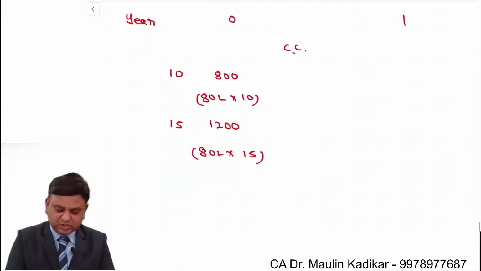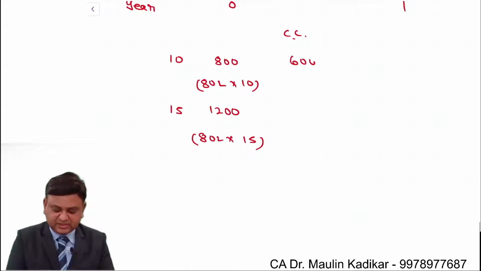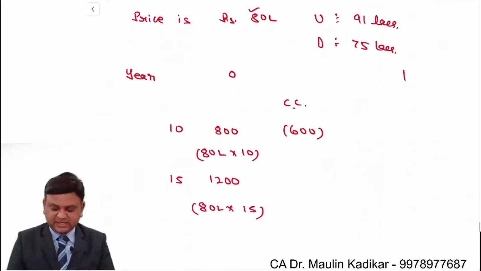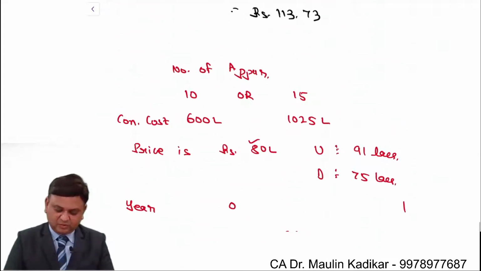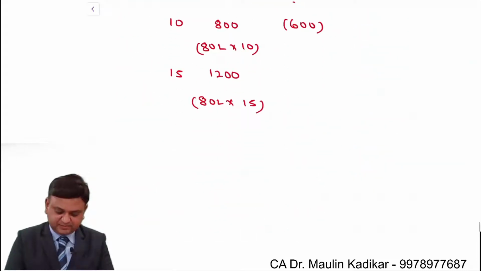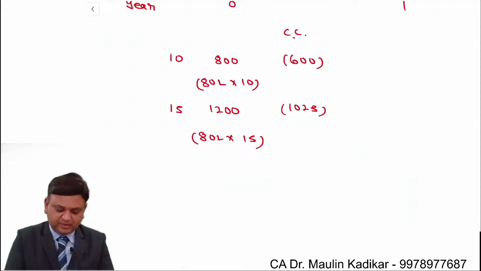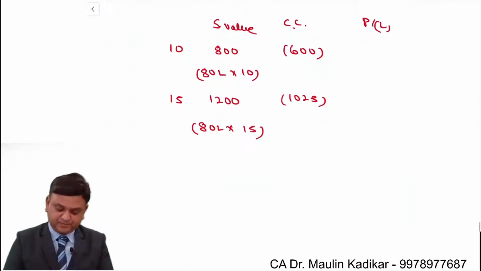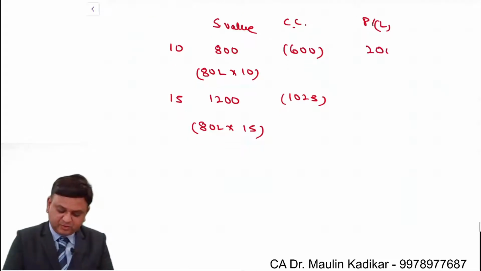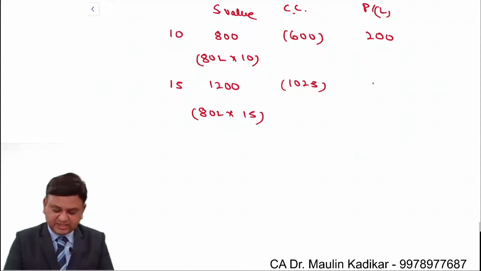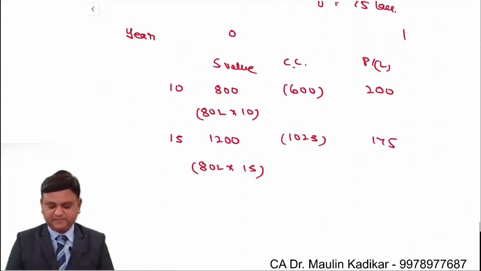The construction cost will be 600 lakhs in the first case and 1025 lakhs in the second case. The difference of the two will be the profit or loss. In the first case it will be 200 lakhs. In the second case it will be 175 lakhs.